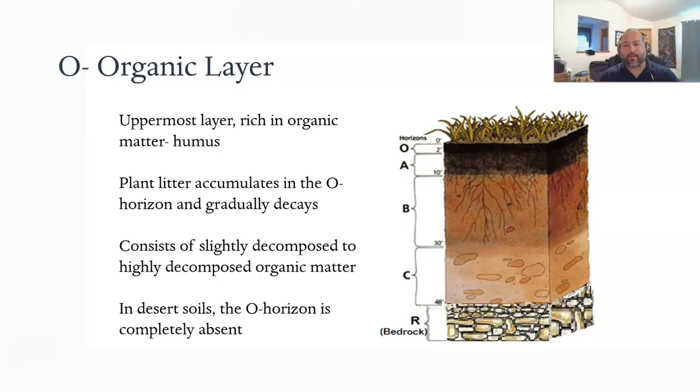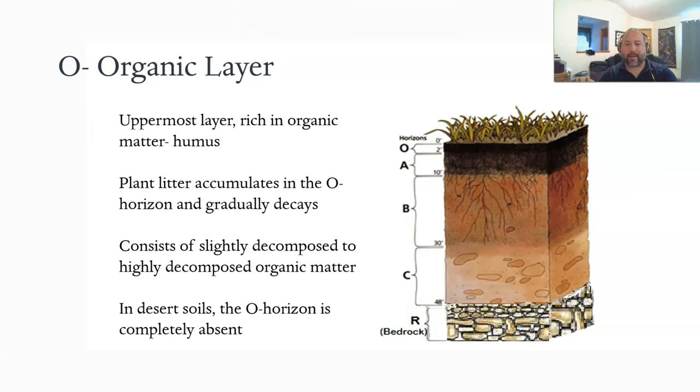And so if we're starting off here at the organic layer, we're actually talking about the surface litter, and the organic material that's working its way down from the top. That's why the next layer is going to be called the topsoil, even though we've got this organic layer over the top of it, because the topsoil is the top of the soil working its way up, because everything started as rock down there in bedrock, then it became weathered bedrock, which is that C layer, then it became soil that became layer after layer after layer until we got to the topsoil, and then the organic layer is the stuff from the surface that's working its way down into the soil.